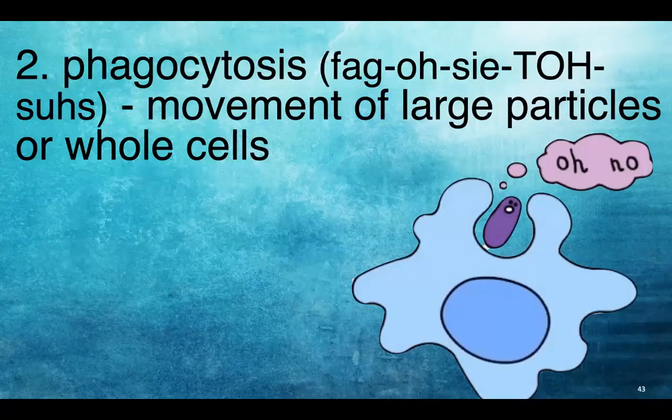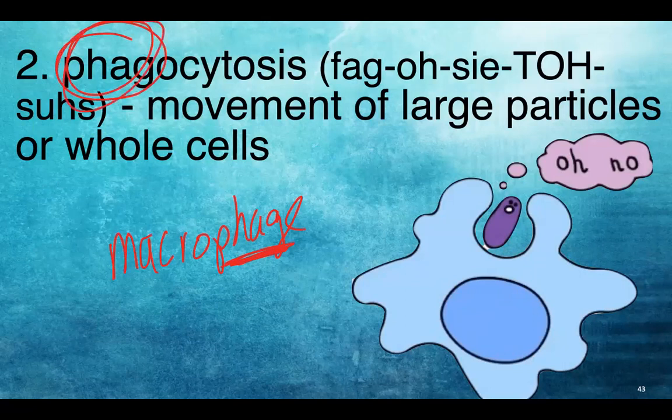This is extremely important for your immune system. What you have here is what's called a macrophage. Macrophage, which is a type of white blood cell, and you see that it shares the same root with PHAG, phag, and macro meaning large.